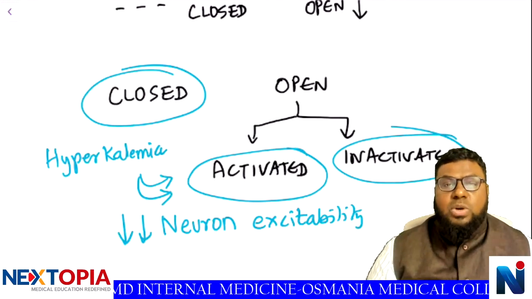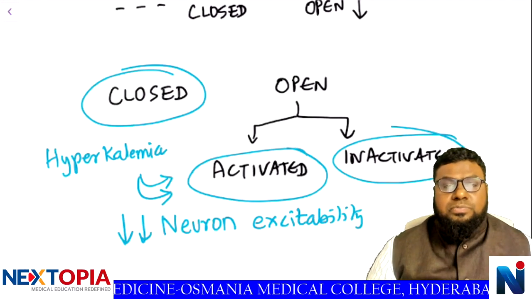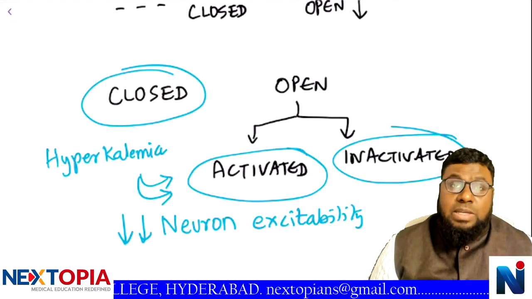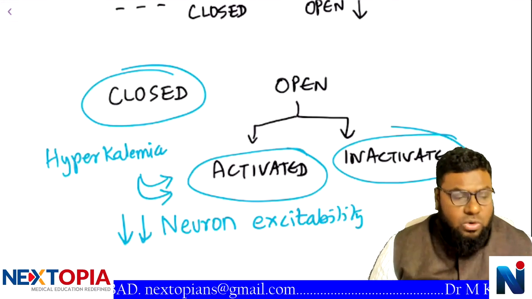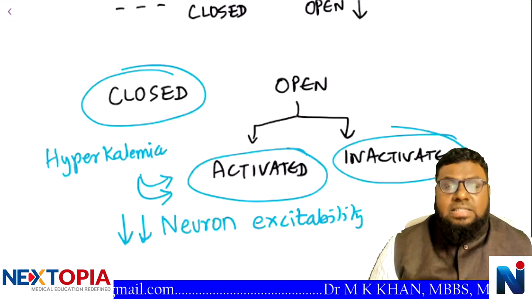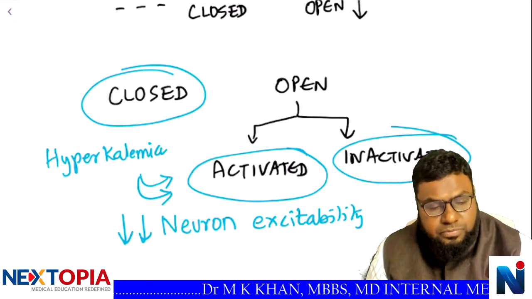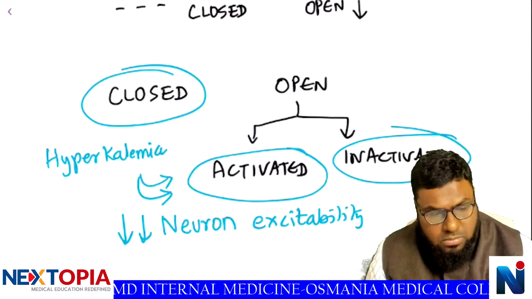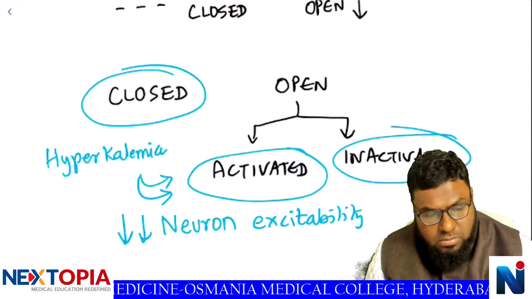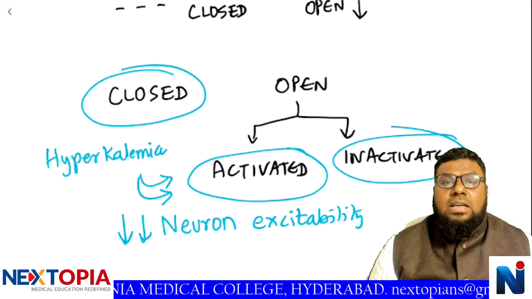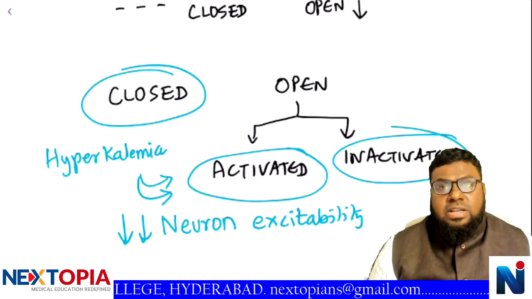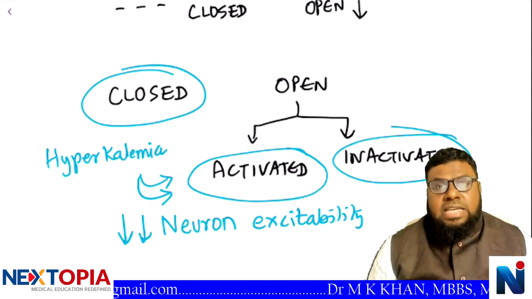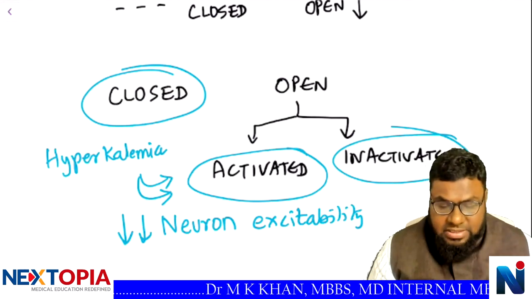You have to understand this part. Once the channel is open and depolarization has occurred, the time has come for it to be inactivated. After opening, the channel has to get inactivated. The fast sodium channel transitions from the activated state to the inactivated state.